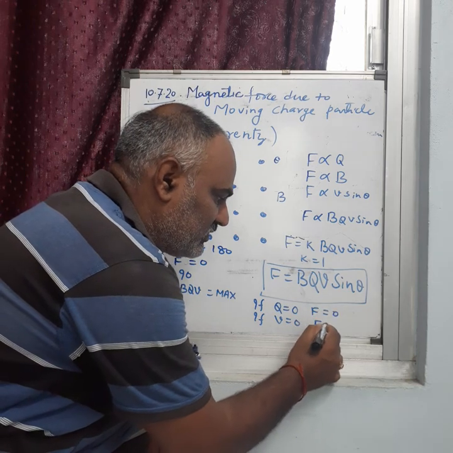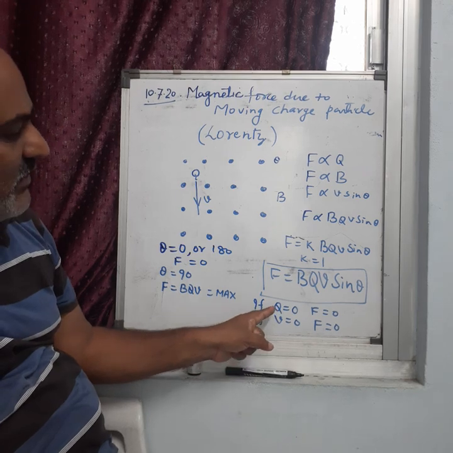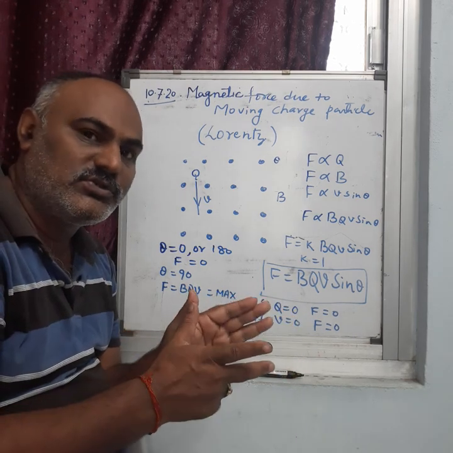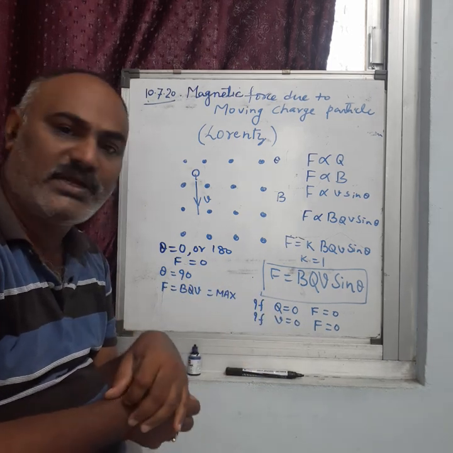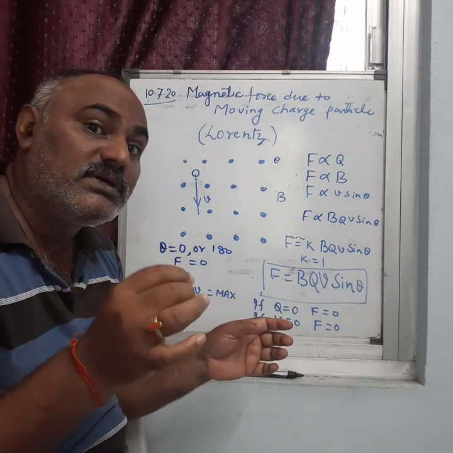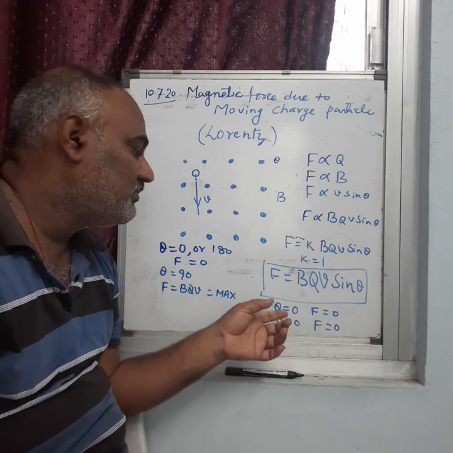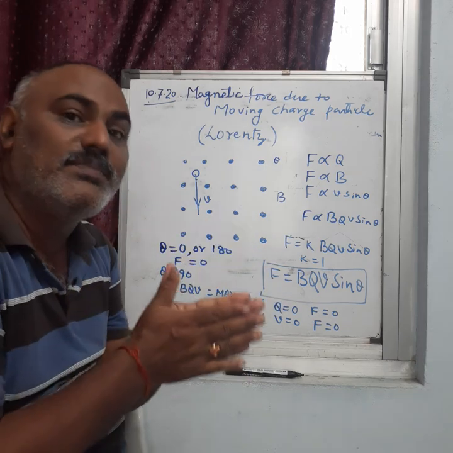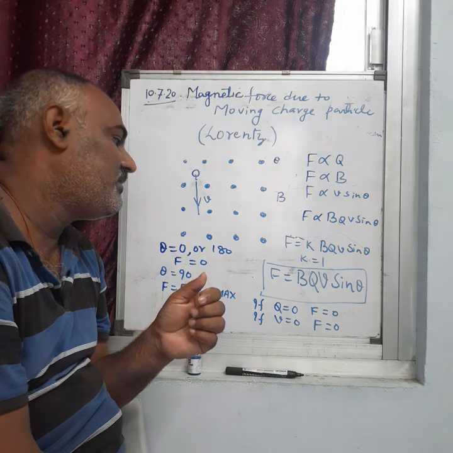Now see, these two basic concepts I want to explain here. If Q is 0: the proton is positive and the electron is negative, but they have the same magnitude of charge. But if a neutron enters the magnetic field, what will you say? The neutron has no charge, so it will not experience any magnetic force when it enters the magnetic field.